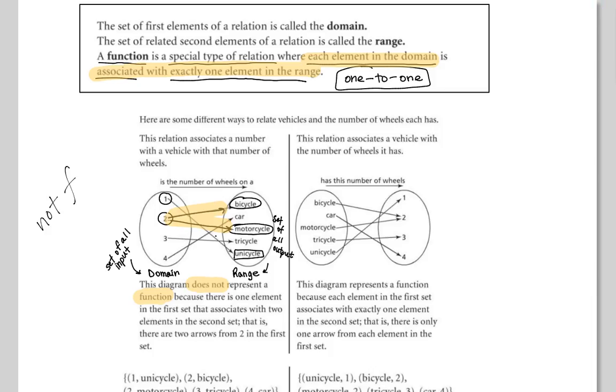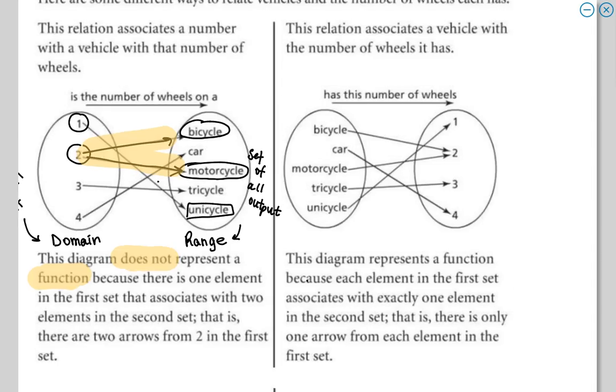And that's typically how it's written, like a handwritten F like that, a lowercase handwritten F. That's how a function typically is written. Now if you look at the second one, this one just reverses it. It's the exact same relationship, it's just reversed. So the domain and the range have switched. Now this one will be a function because you can see there's only one arrow leaving each one.